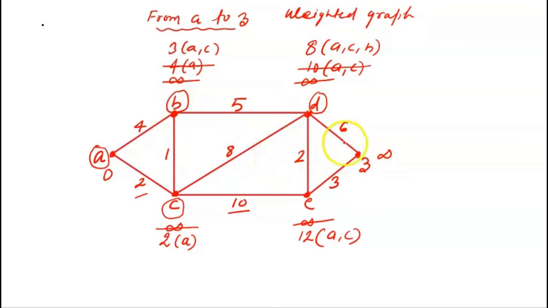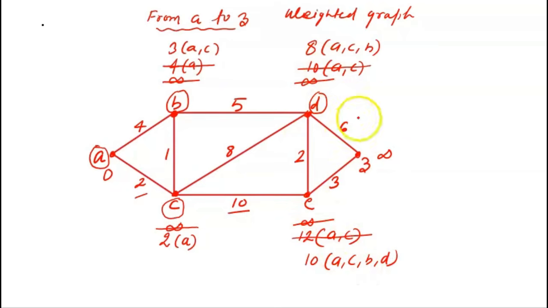I'm just looking at those which are not blocked. So D to E is how much? 8, and then this 2 will become 10, and the already assigned label is 12. So 10 is less than 12, so I'm going to cross it, and I'm going to write 10, A comma C comma B comma D.